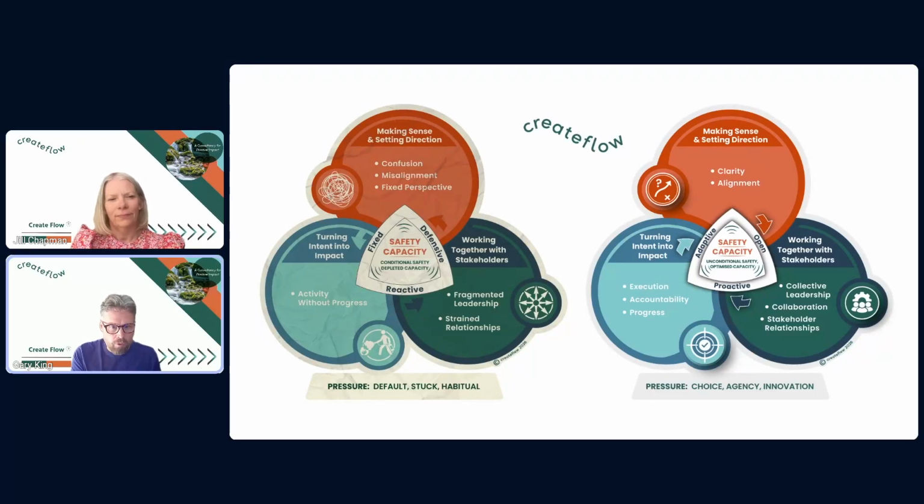So our pressure response isn't really a response, it's a reaction. It's the default, stuck, habitual behavioral things that we would always tend to see, and that becomes a cultural issue in businesses.